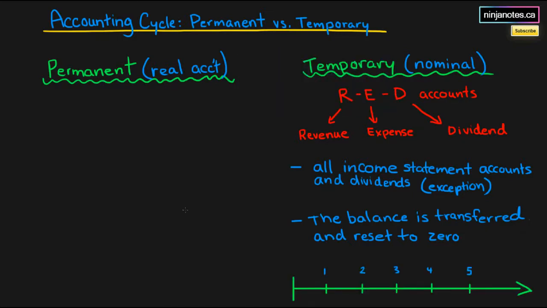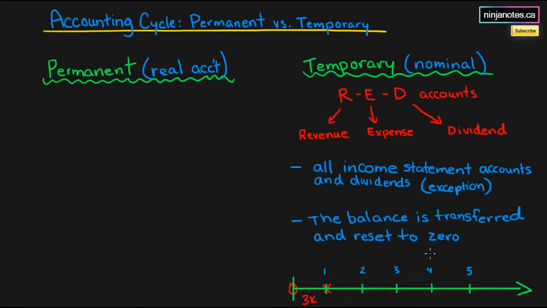Let's close out one of these temporary accounts. Let's close out revenue. Let's say we're recording revenue at the beginning of the year, and we earn $3,000 of revenue. At the end of the year, we're going to close this account and bring down the balance to 0.